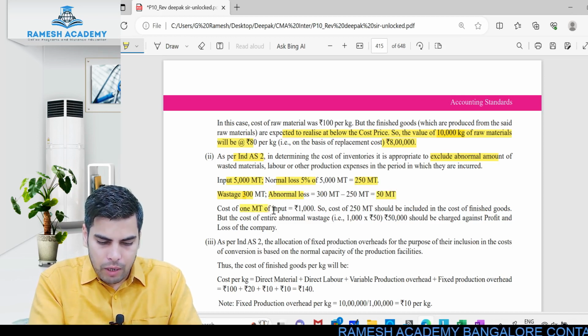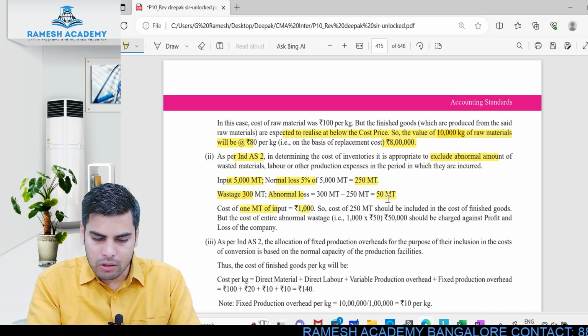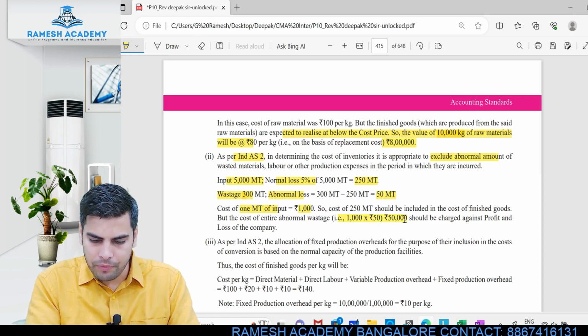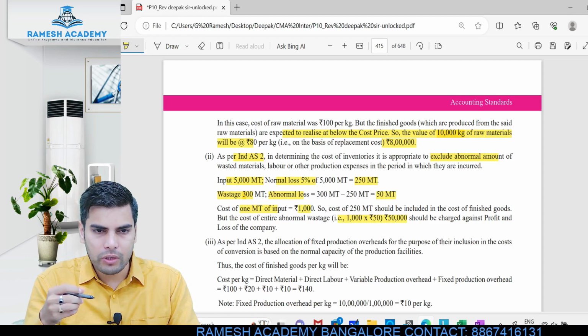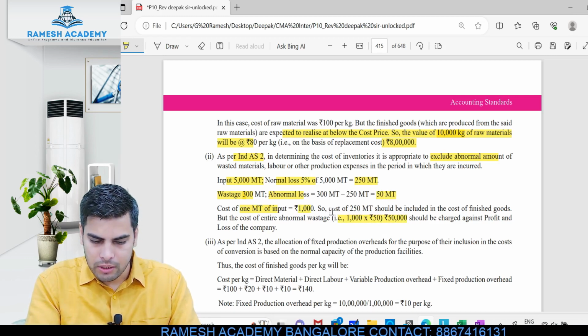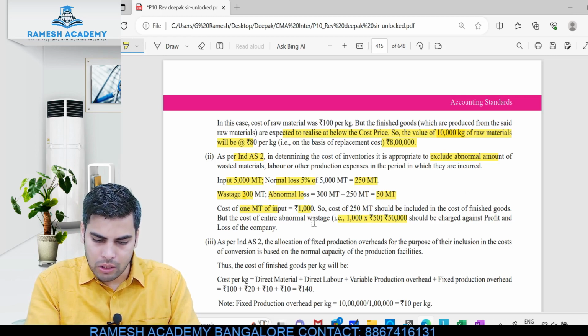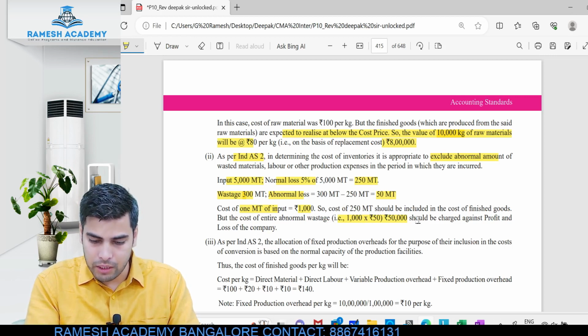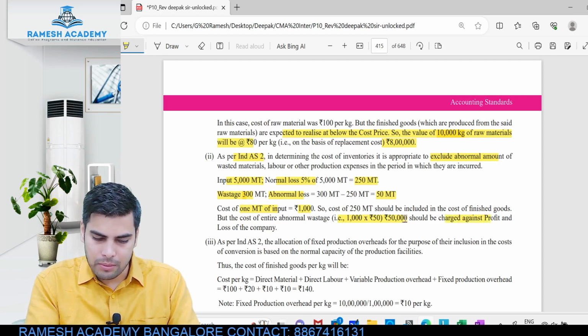The cost of 1 metric ton is 1,000, so what would be the cost of this abnormal loss? 1,000 into 50, so that would be 50,000. So this 50,000 has to be eliminated. The cost of 250 metric ton should be included in the cost of finished goods, but the cost of the entire abnormal waste, 50,000 rupees, should be charged against the P&L account.